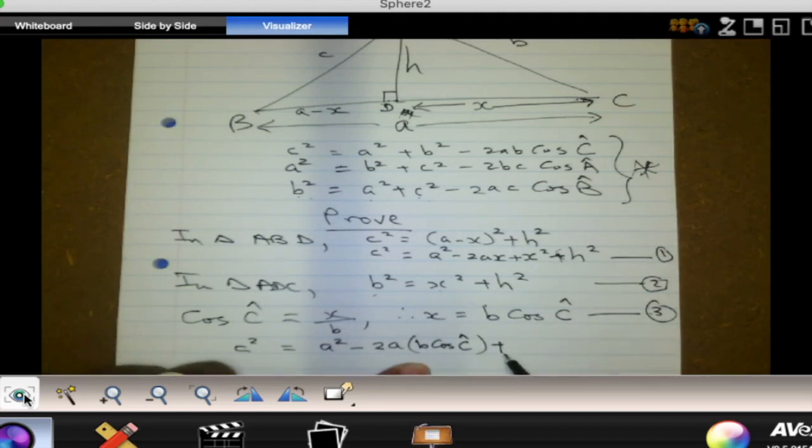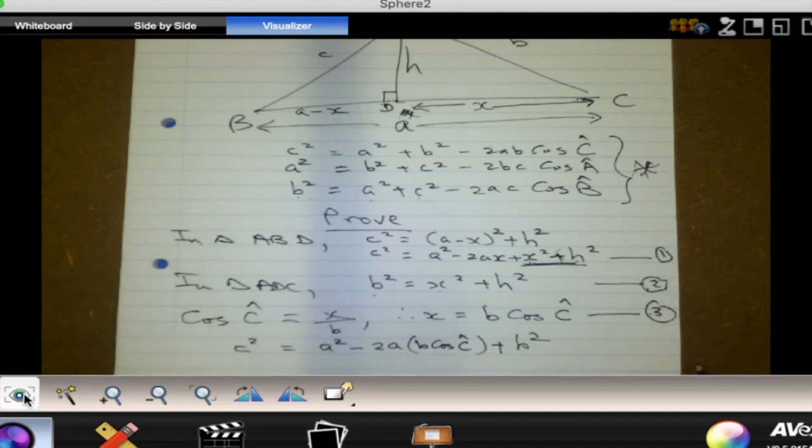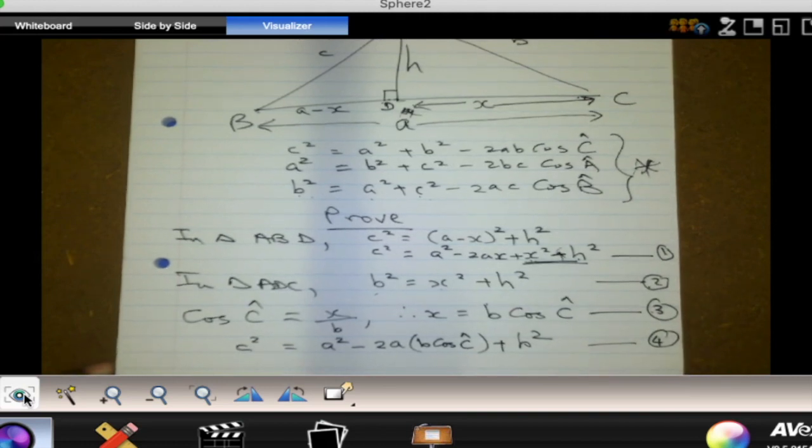Then it says plus x squared plus h squared. But what is x squared plus h squared from number 2? It's b squared, right? So where there is x squared plus h squared, we can just put b squared. So this is what we get now as our fourth equation, which is what we are looking for.